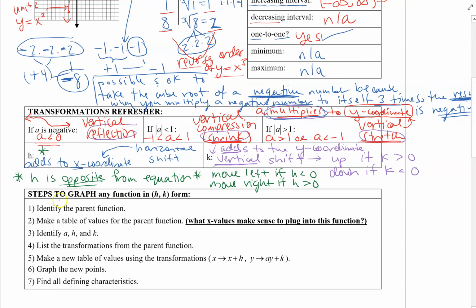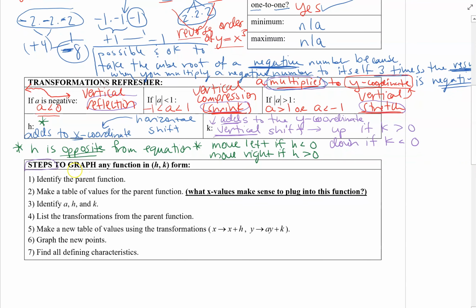Now, in order to graph the function, these are the steps here. So basically what we first always do is identify the parent function, which for this section, section 5.3, is the cube root function. It's y equals the cube root of x. So we have to identify that first. And then we either recall or make a table of values for that parent function so that we know what the shape of our new graph is going to look like.